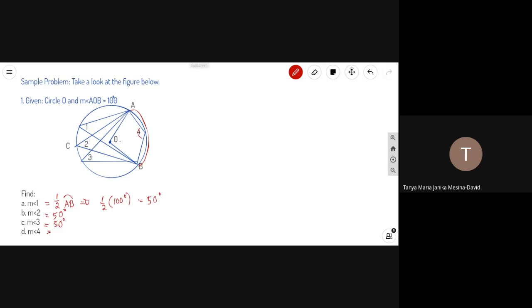AB is already 100, so to get the major arc, it should be 360 minus 100, which gives us 260. Hence, the measure of angle 4 is one half of 260 degrees, which is equal to 130 degrees.